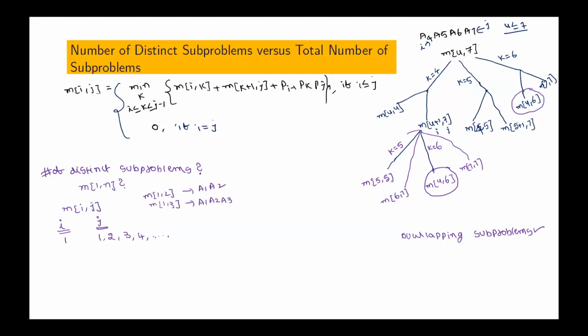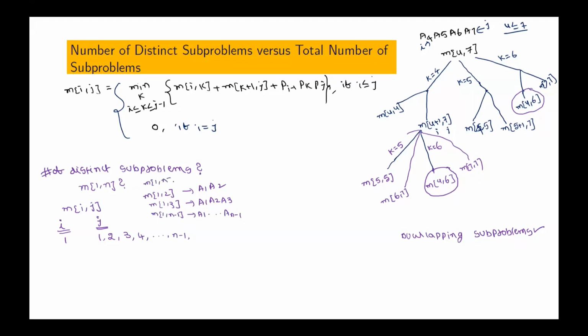Similarly, what is the last valid subproblem when i equal to 1? j equal to n minus 1, is it a valid subproblem? That means M1 comma n minus 1, that means A1 to A n minus 1. Is it a valid subproblem? Yes.